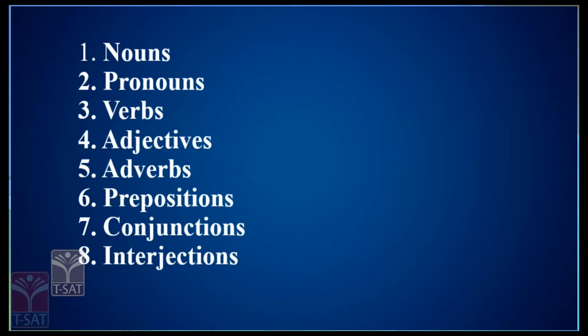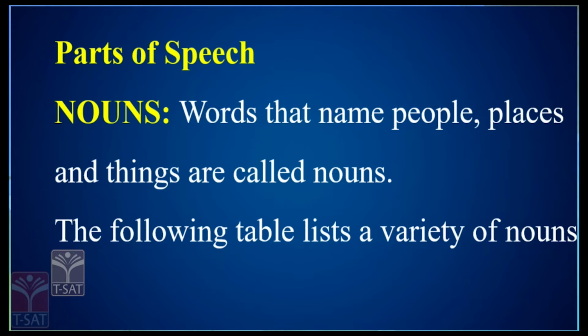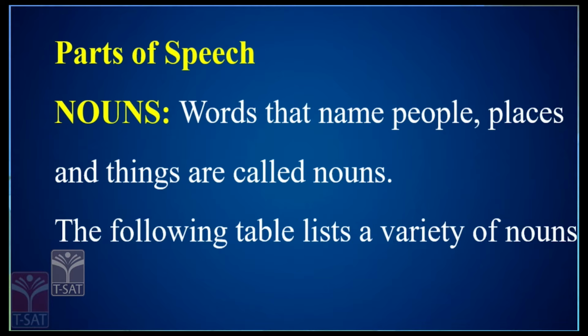Now, we are going to discuss these 8 parts of speech in detail a little bit. The first part of speech that comes to our mind is nouns, right? It is a naming word. The simple definition of a noun is a naming word.